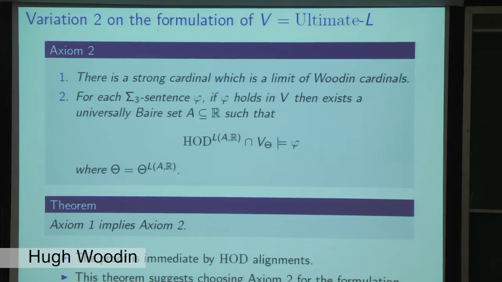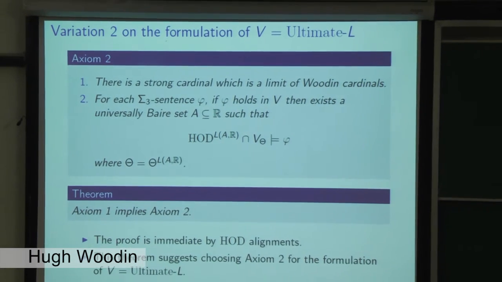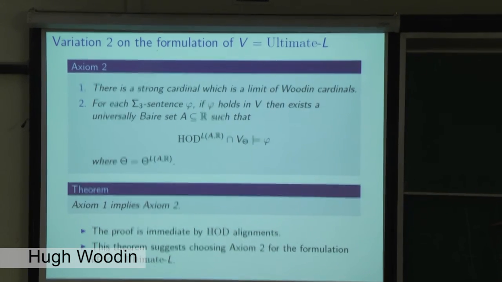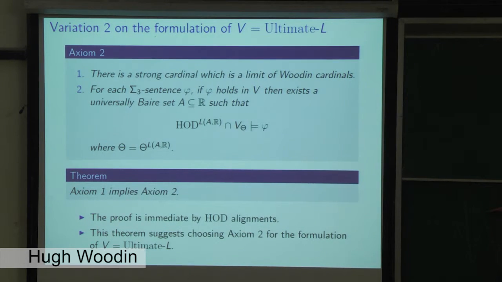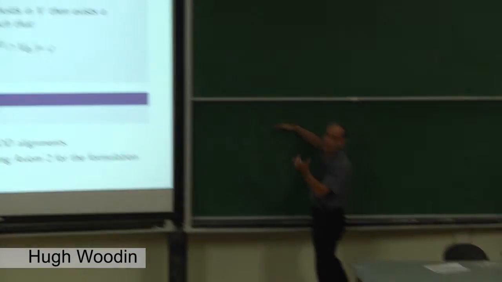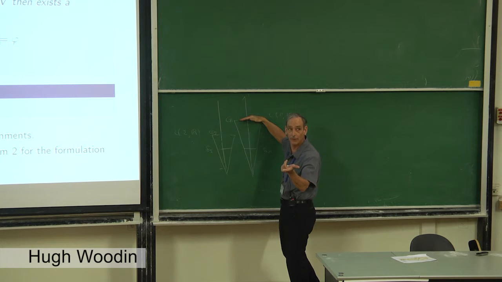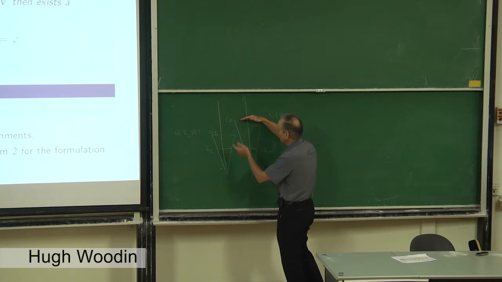Because the whole point is if you've got a sigma 3 sentence true here, and gamma, well, if gamma is of the form L of A and R, I don't have to do anything. If it's not, gamma's closed under sharps for reals, that's kind of irrelevant.